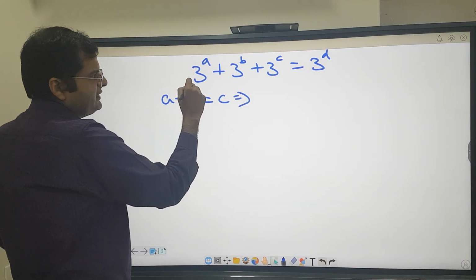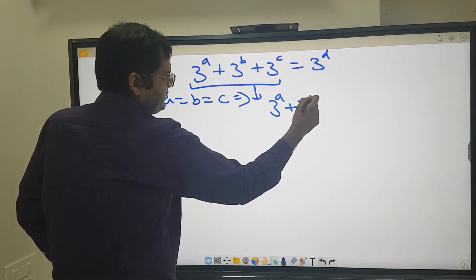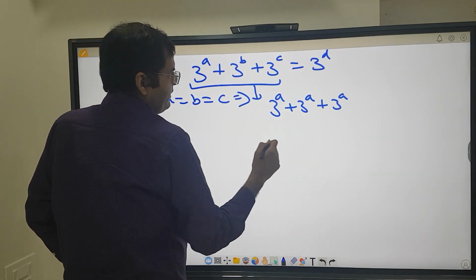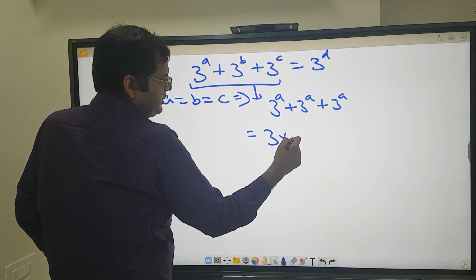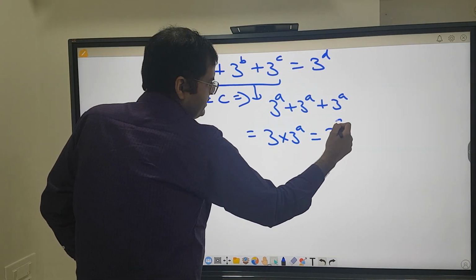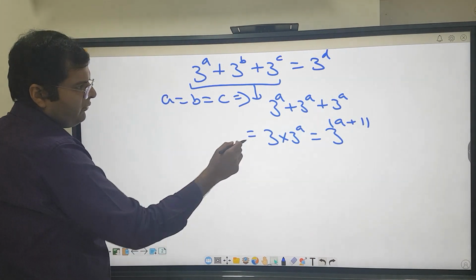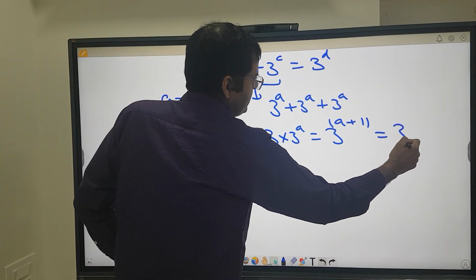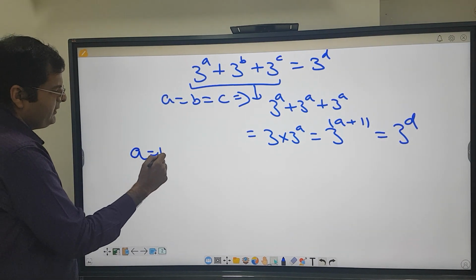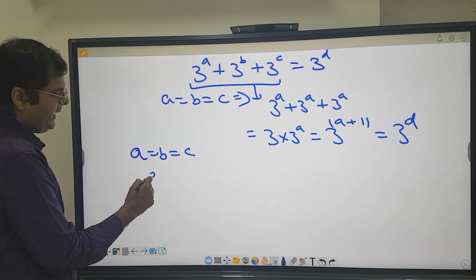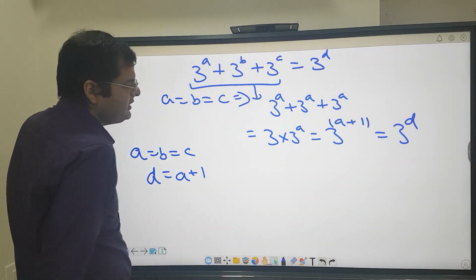In that case this will become 3 raised to a plus 3 raised to a plus 3 raised to a, because b is also equal to a and c is also equal to a, and that will become 3 into 3 raised to a, which is equal to 3 raised to power a plus 1. So now 3 raised to a plus 1 is equal to 3 raised to d. From here we get a is equal to b is equal to c and d is equal to a plus 1.